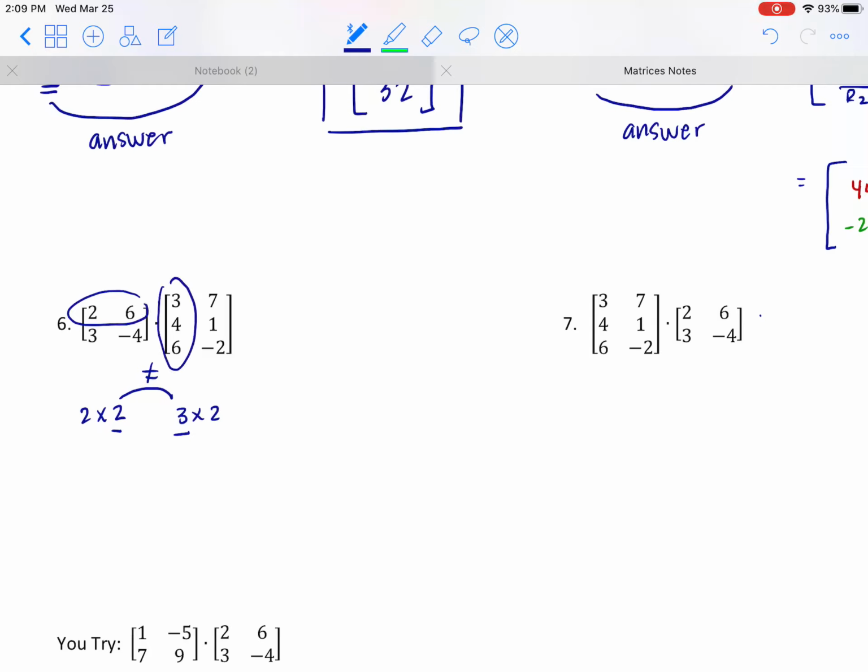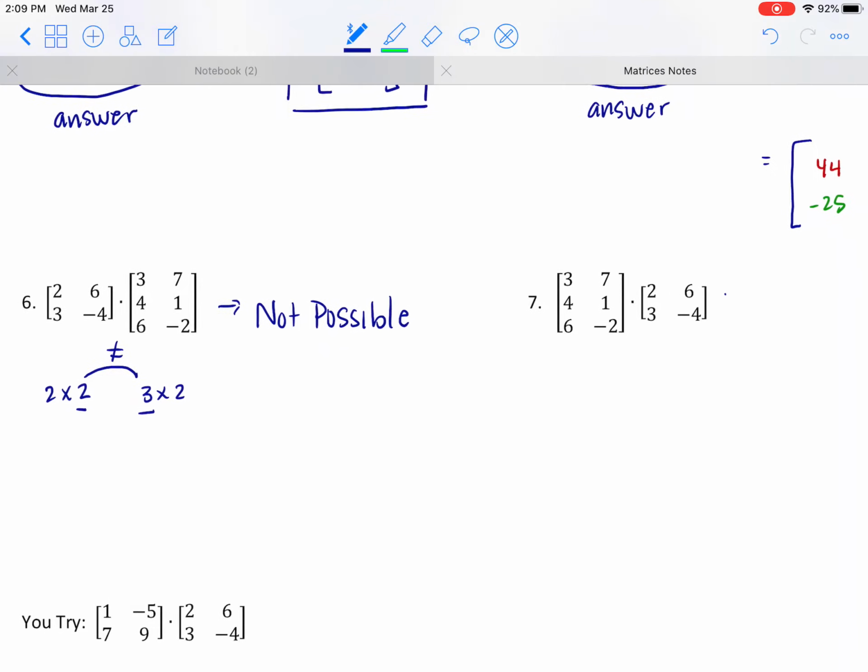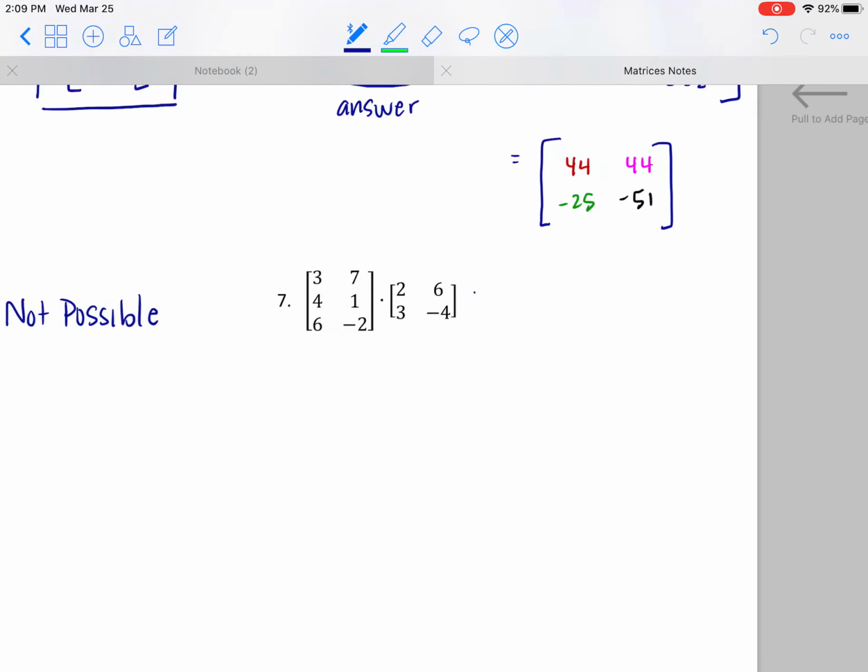If I wanted to take this first row and multiply by this first column, 2 corresponds with 3 and 6 corresponds with 4, but there isn't anything to correspond with that entry. So even if you attempted to multiply these, you would see some issues with things not corresponding. So the number of columns in the first does not equal the number of rows in the second, which means it is not possible to multiply these two matrices.